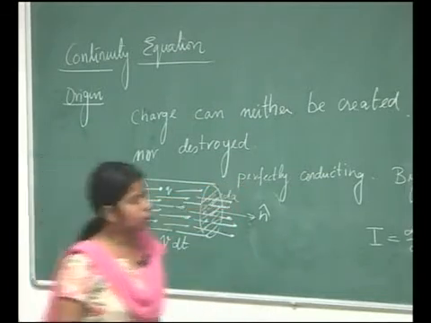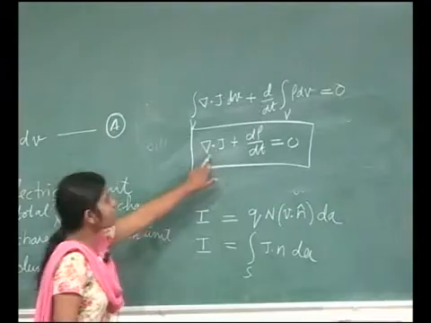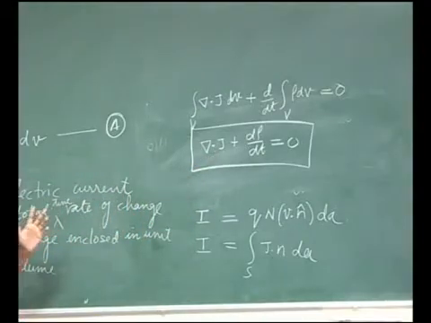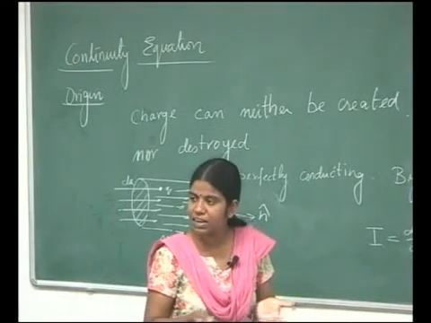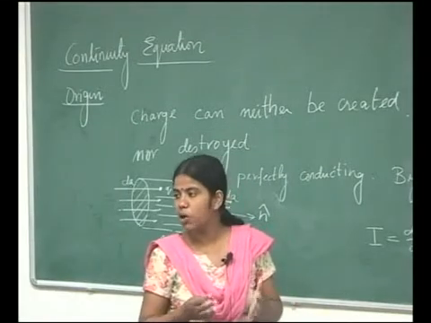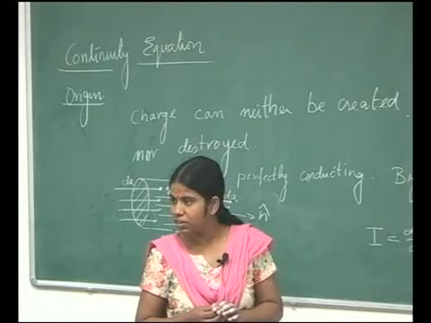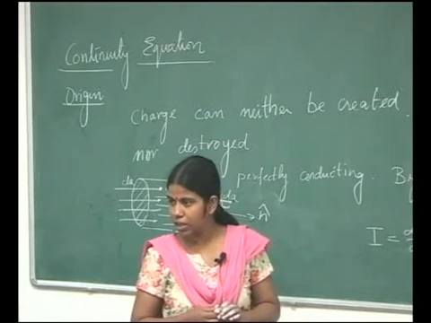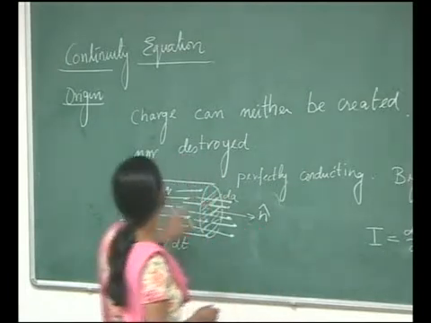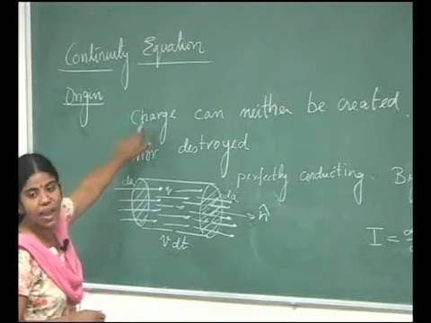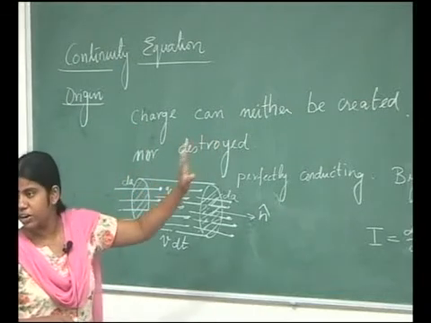If current is coming out of a surface, inside that surface the net amount of charge is continuously decreasing, because the continuity equation is based on the fact that charge can neither be created nor destroyed.